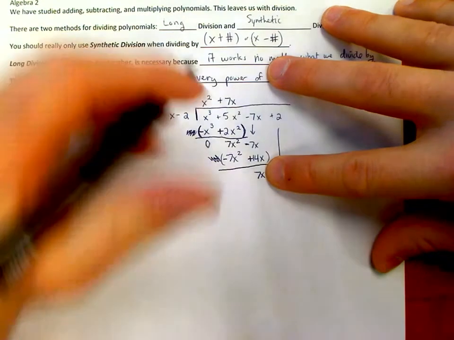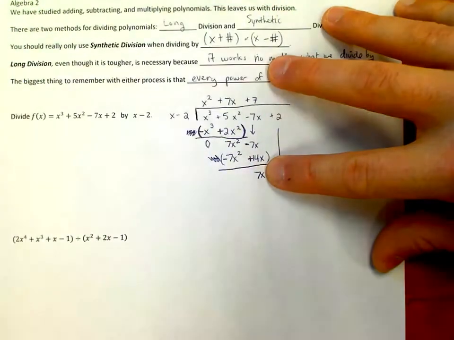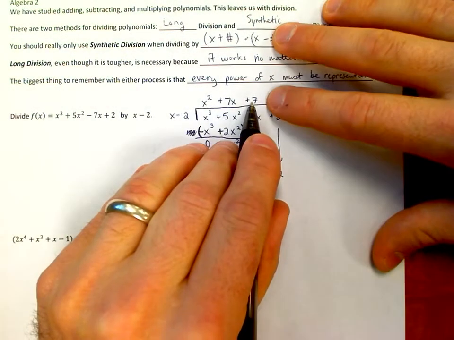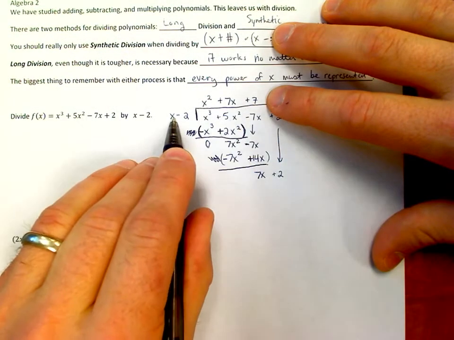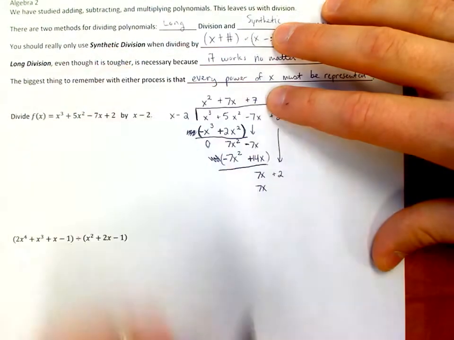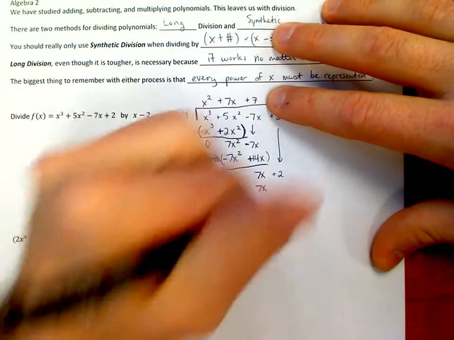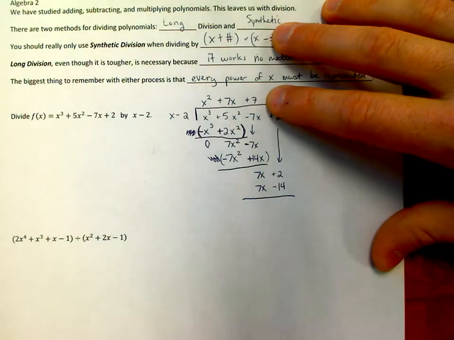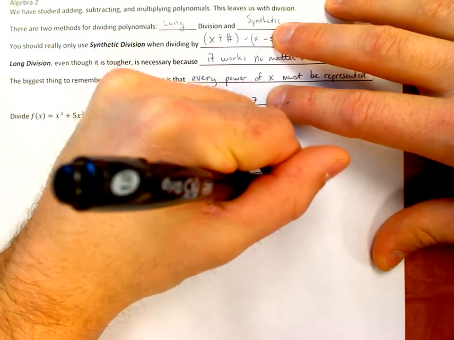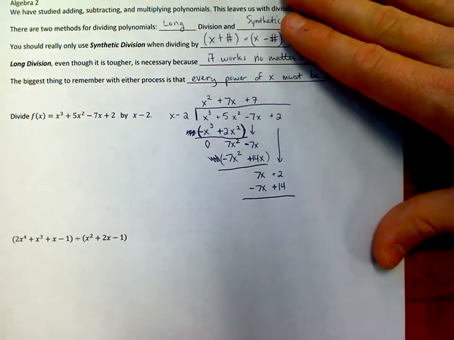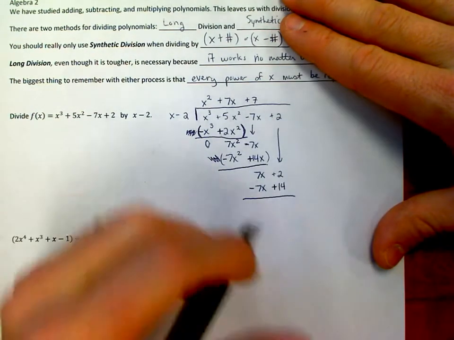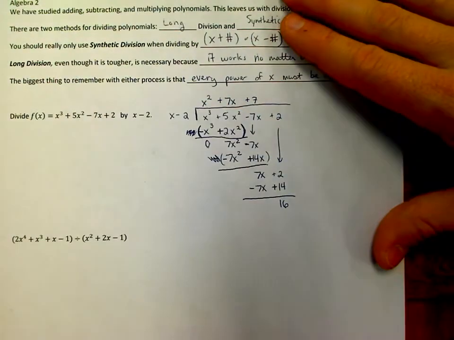I don't need any additional power of x's, so I say plus 7. And now I come and I distribute out. 7 times x, 7x. 7 times negative 2 is negative 14. Draw a line, flip the signs, add. Add those two together, they equal 0. 2 plus 14 gives me 16.